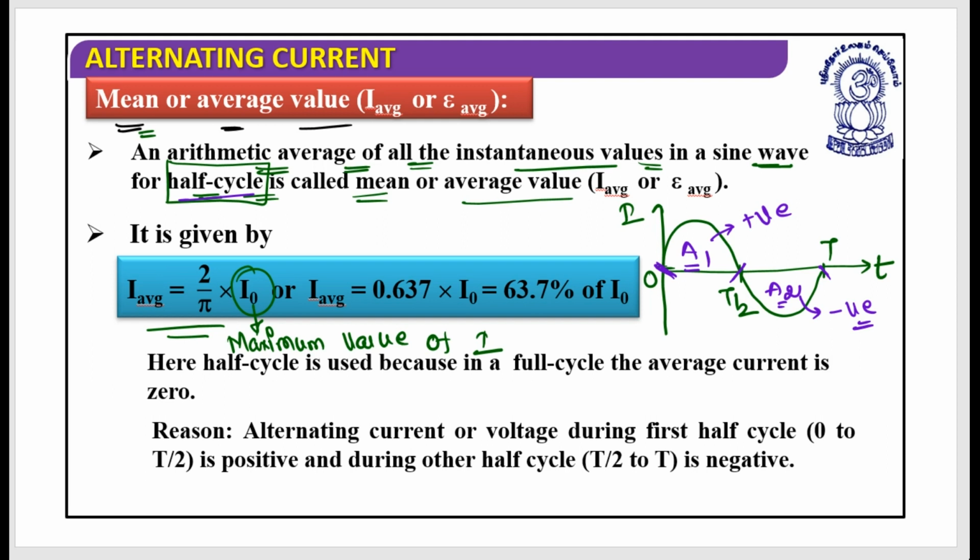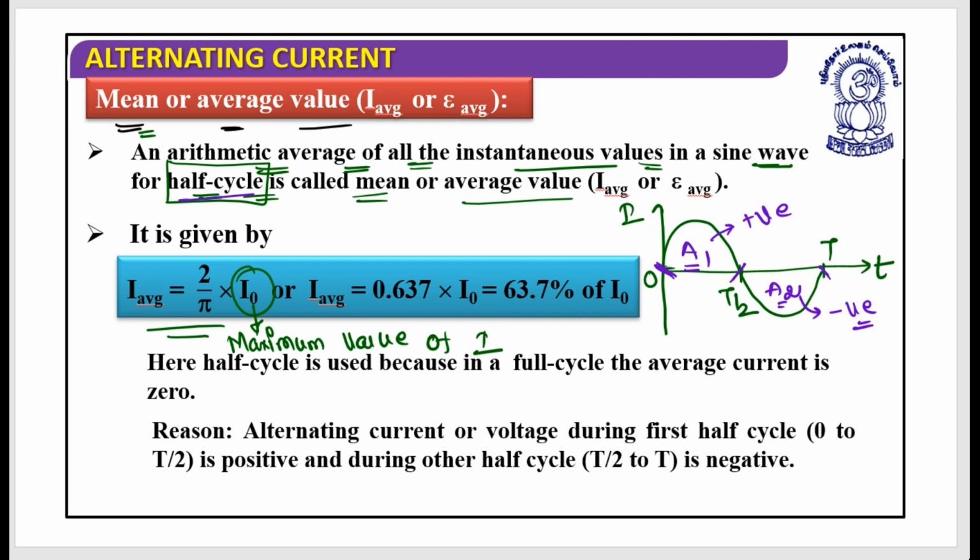So the mean or average value of one complete cycle, please note my words, I mean 0 to T, the time period, for one complete cycle is always 0. That is for sure, and we don't have any doubts on this.